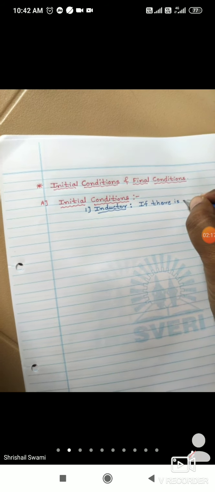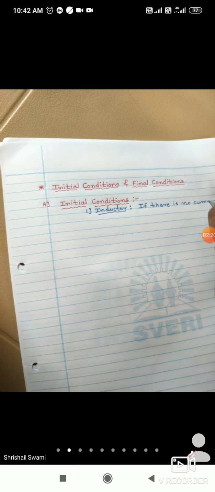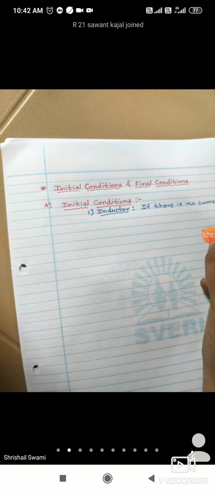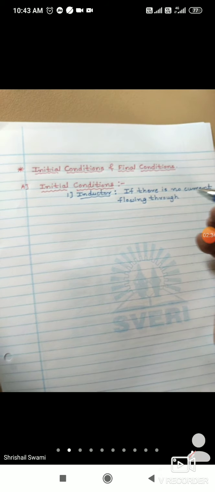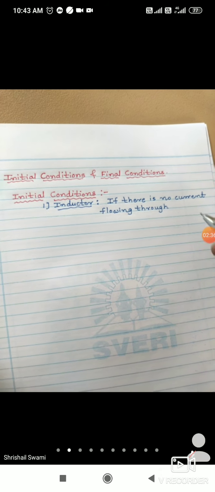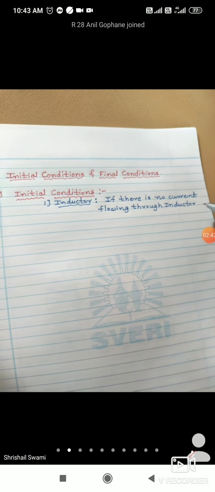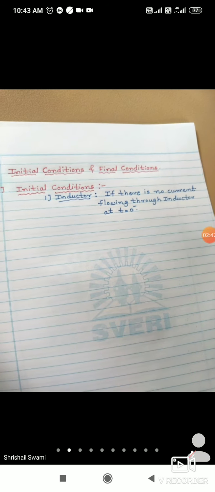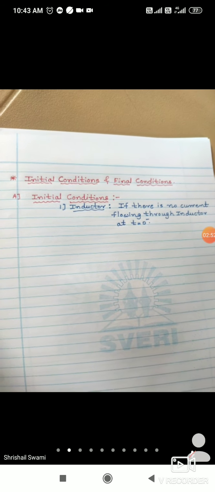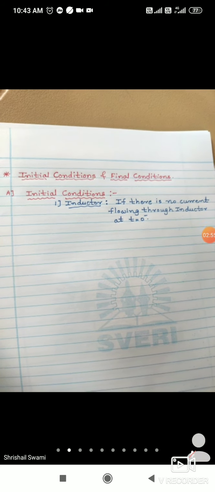For the inductor, if there is no current flowing through the inductor at t equal to 0 minus, that is, before zero, whether the switch is to be opened or closed, at t equal to 0 minus the current in the inductor was and is zero.